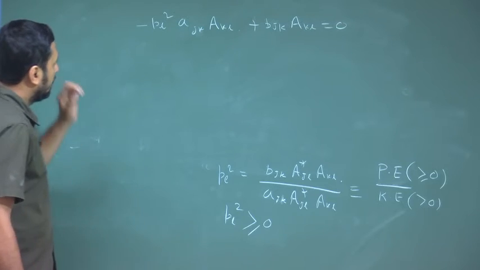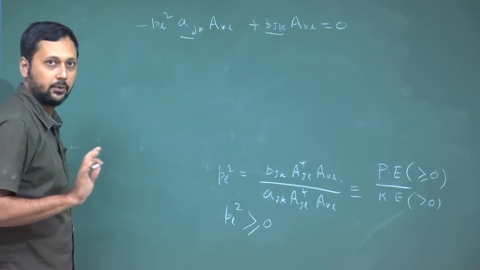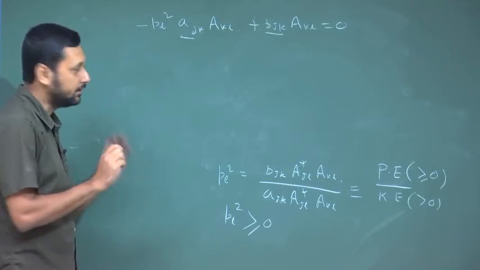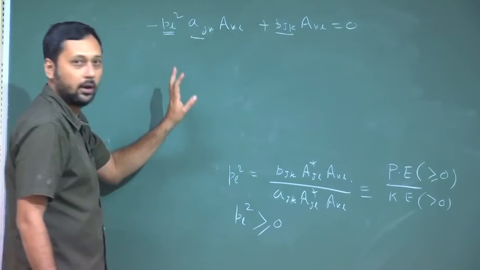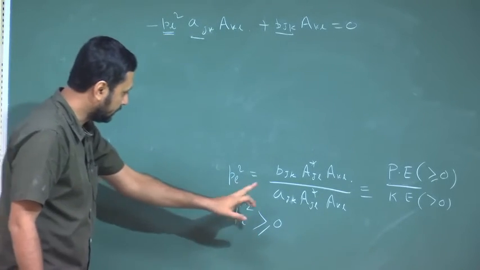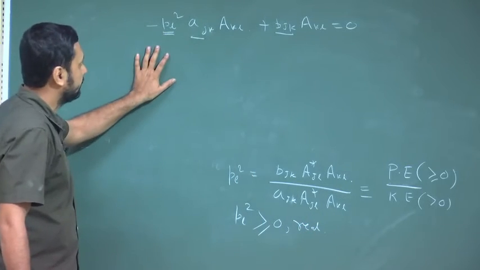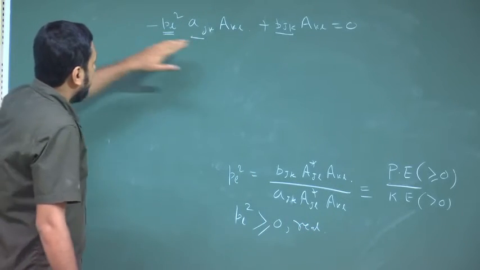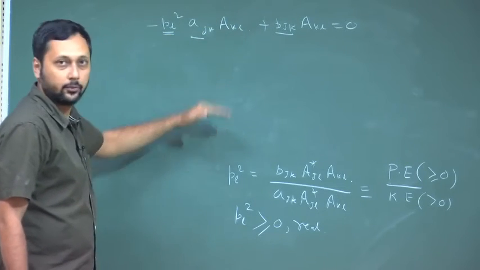In this equation, these quantities are already real, by construction of the matrices. These quantities are not only real, but greater than or equal to 0, that we have seen. Now, Akl will be a solution of this set of equations, right.